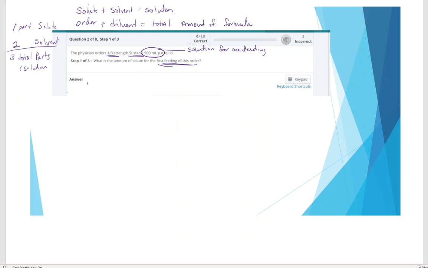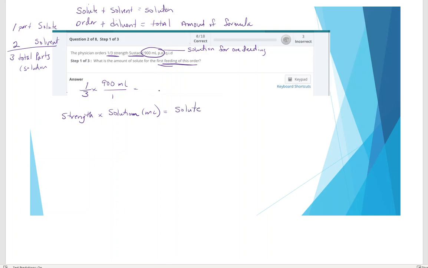So I'm going to take 1/3, which is my strength, times my solution, in this case 900 milliliters. So strength times solution, and generally you want your solution in milliliters. And that will give me my solute.